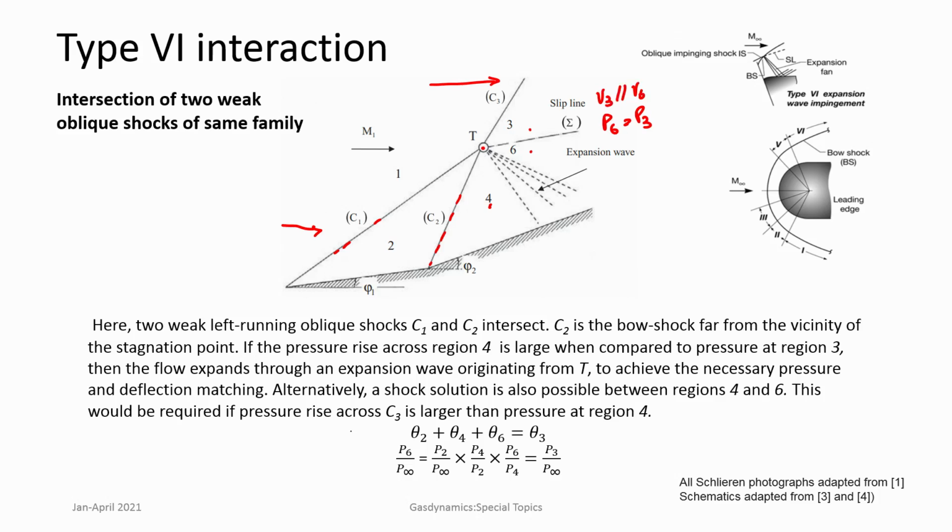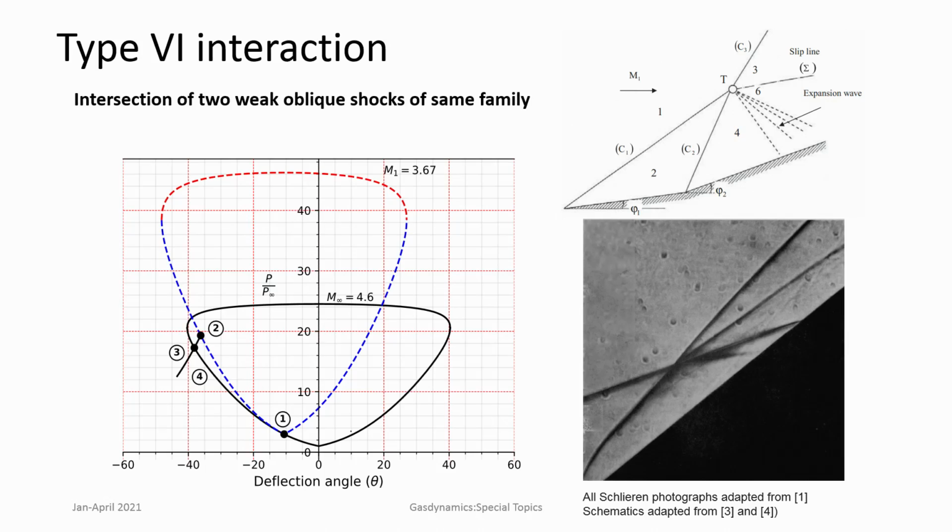in type 6 interaction, which can also be plotted in a shock polar. Here it represents a type 6 interaction where this is point 1, the point where the shock, point 1, corresponds to region 2; there is a slight difference in the nomenclature that is followed.